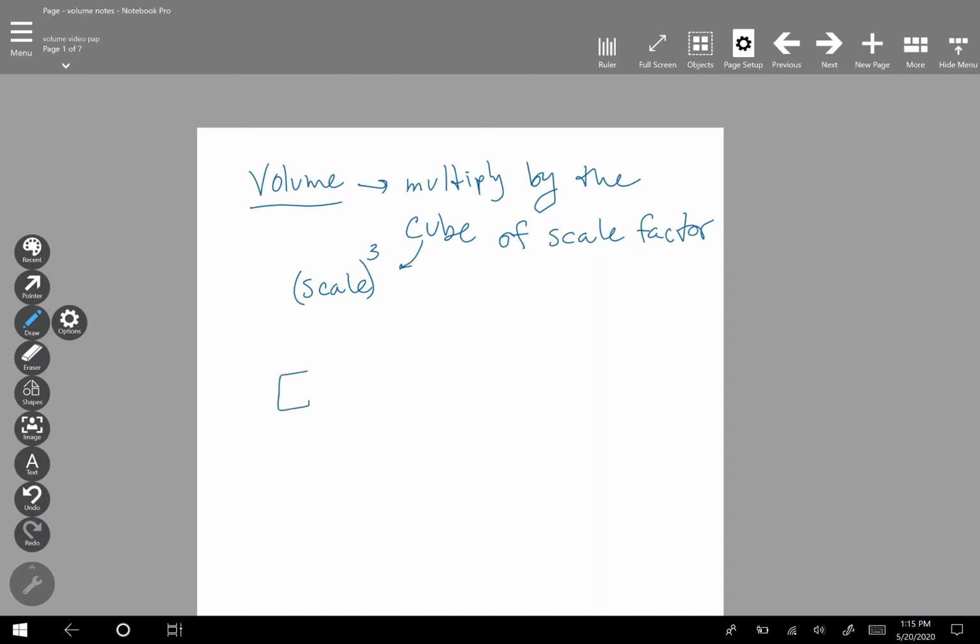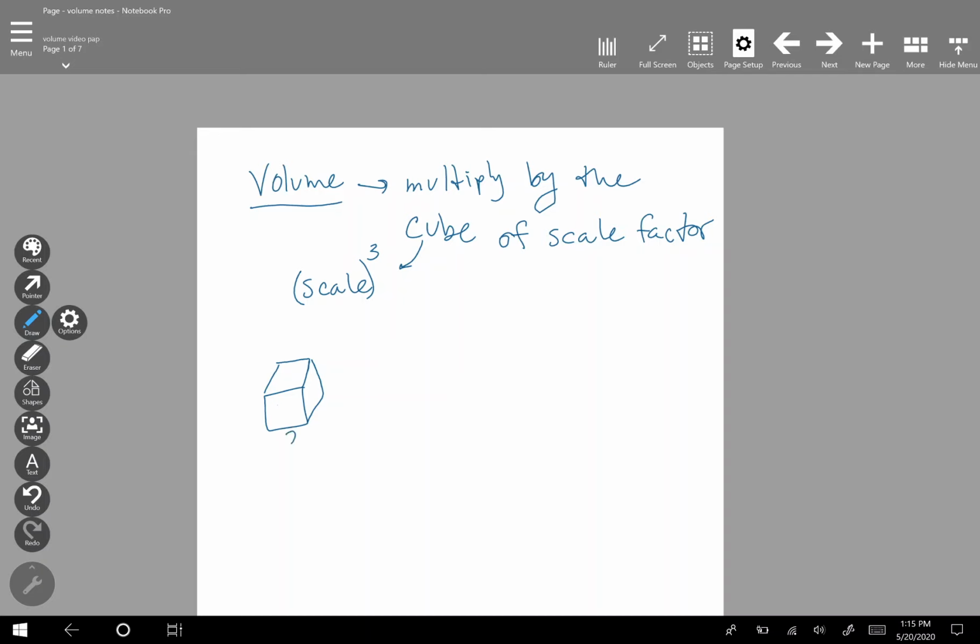So let's say we have a little rectangular prism here. Okay, please forgive my artwork. Let's try to do that a little better. Okay, that's a little better.